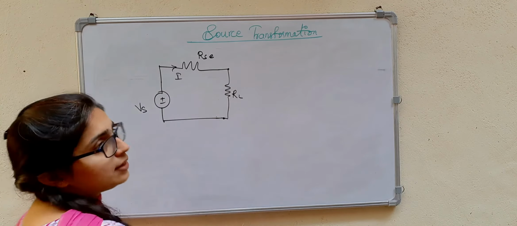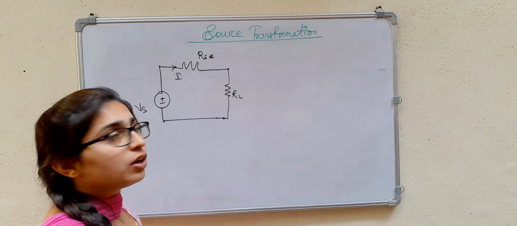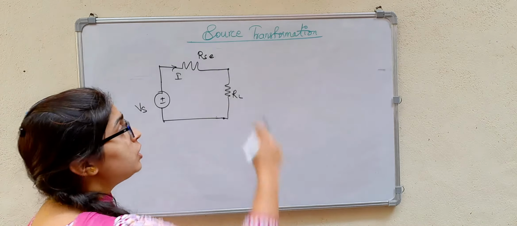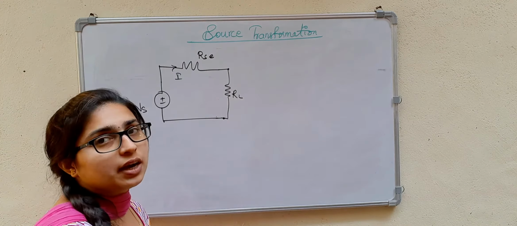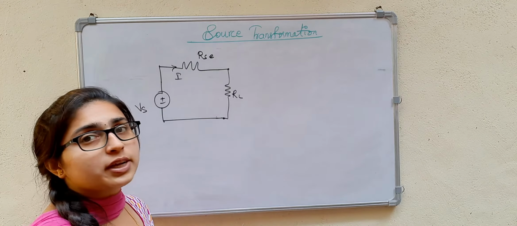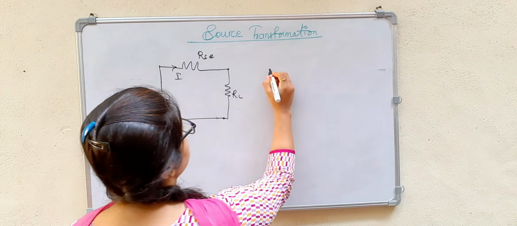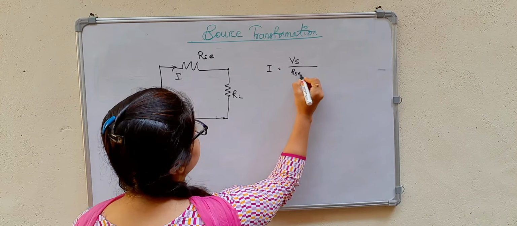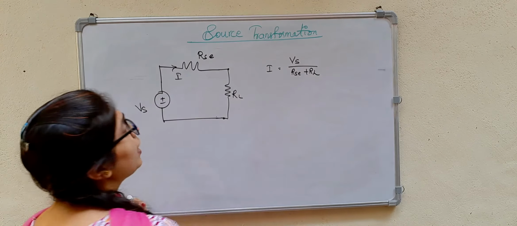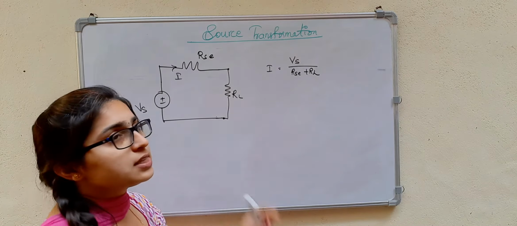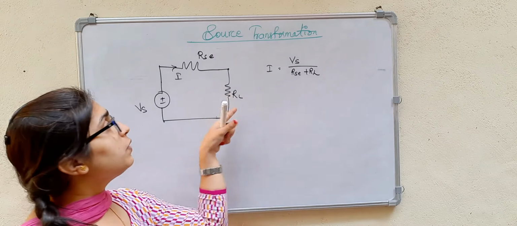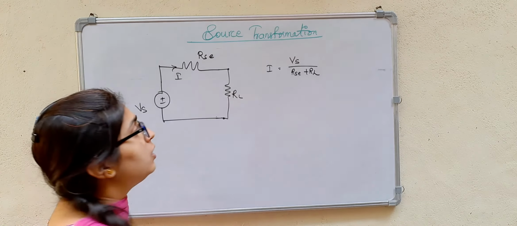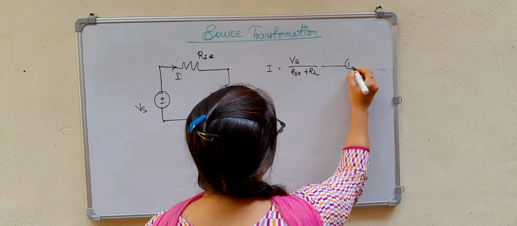Here we can write the expression for the current. These two are in series combination, so it will be RSC plus RL. Current is equal to voltage divided by resistance, so I is equal to Vs divided by RSC plus RL. Why RSC plus RL? Because it is the series combination, so the equivalent resistance will be equal to RSC plus RL. So this is the equation for the current.